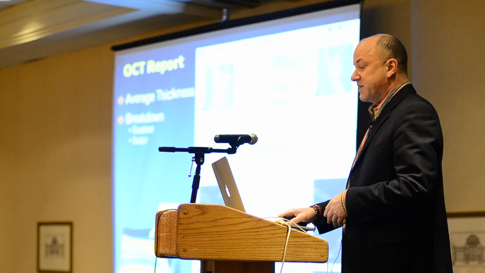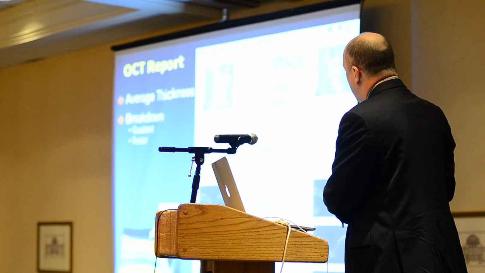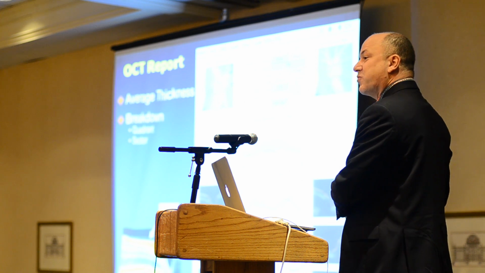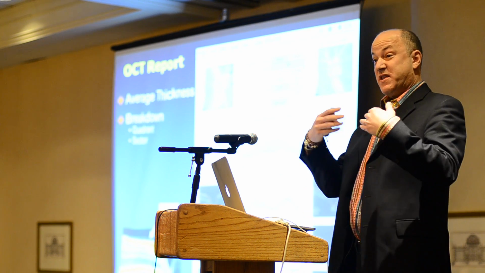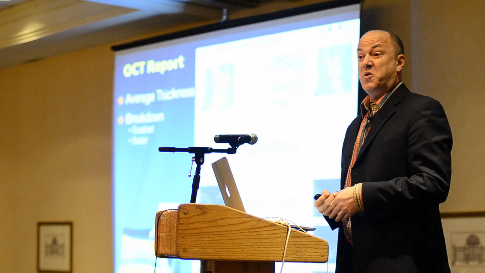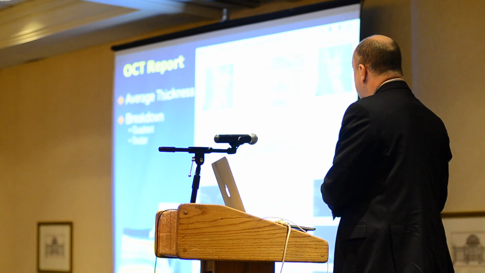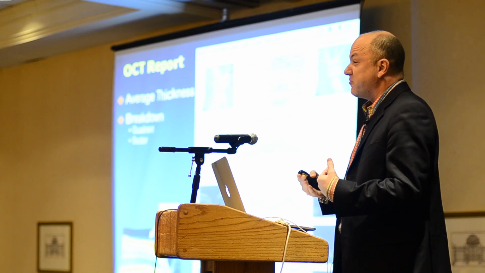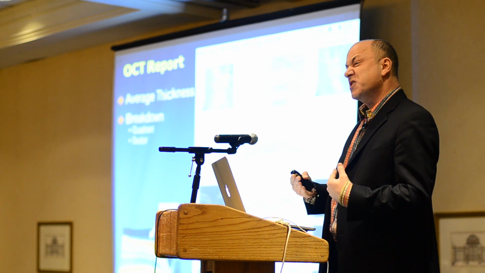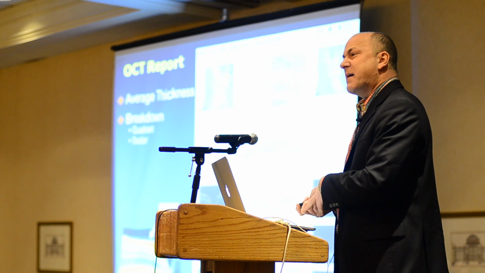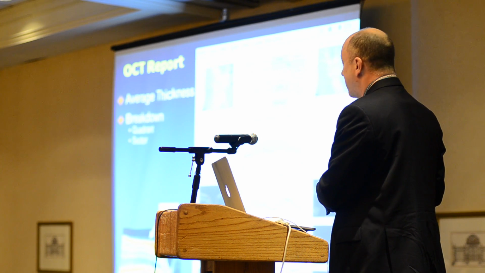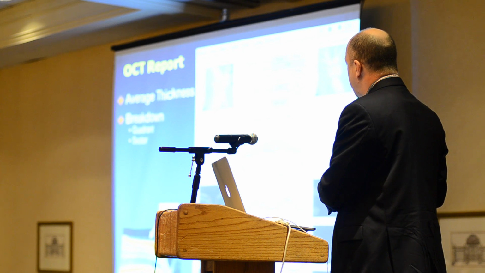It also tells us a breakdown of, in each quadrant, superior, inferior, temporal, nasal, how much that thickness compares to the normal population. And this is important not because it tells us exactly a relationship with vision, but because there are certain patterns. Most optic neuritis in MS tends to have loss in this temporal region, extending out superiorly and inferiorly.